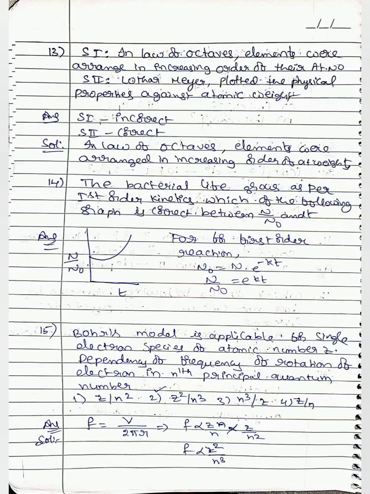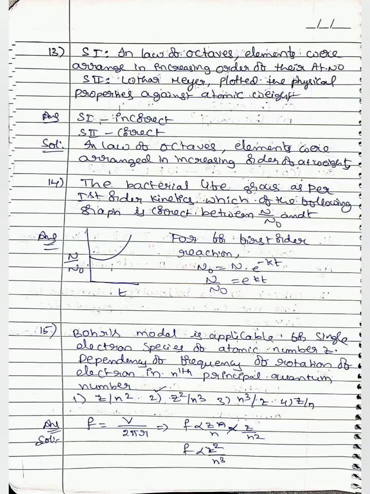In the next question, where the bacterial life grows as per the first order kinetics, and they are asking us to predict the graph which is plotted against time with the N by N naught value. Check the answer here.